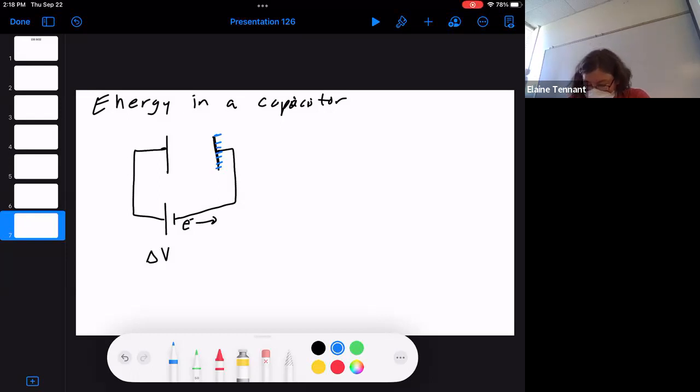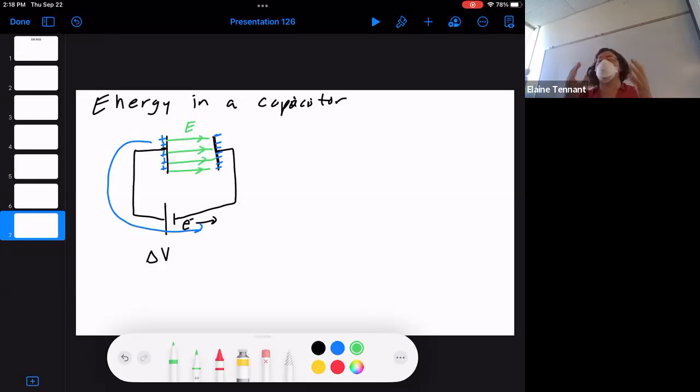I would like to note, as this happens, that plate becomes negative. This other plate is going to become positive because part of what's happening is the electrons from there are going around like that. So one plate becomes more positive, one plate becomes more negative, and as charge builds, this electric field between the plates gets bigger as well.